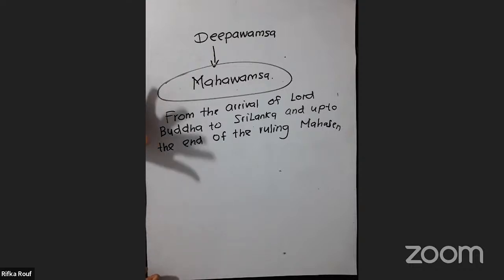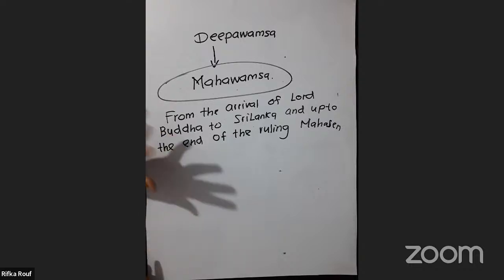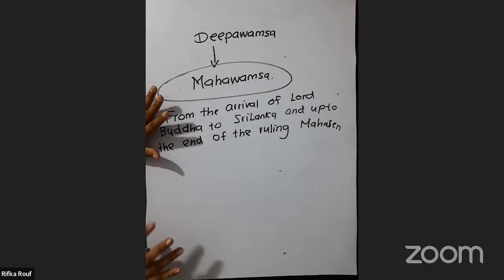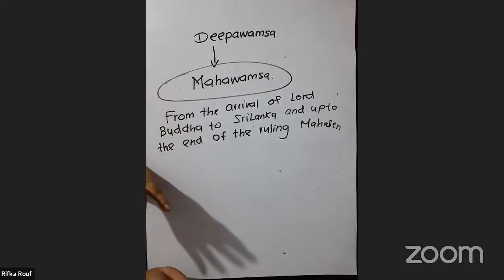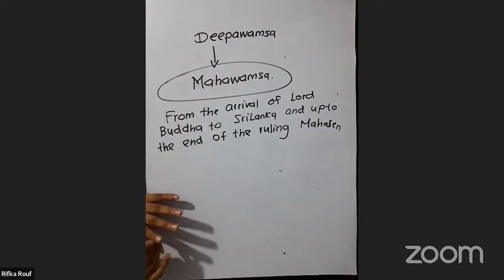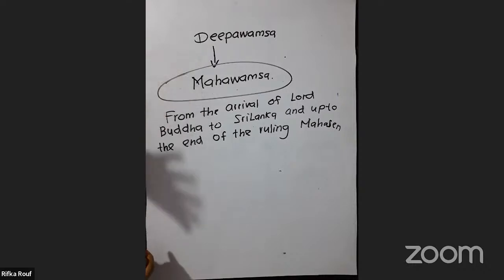The same information recorded in the Mahavamsa has also been recorded in the inscriptions. So the same information in the two sources has been verified, so we can say that this particular text is a credible one.